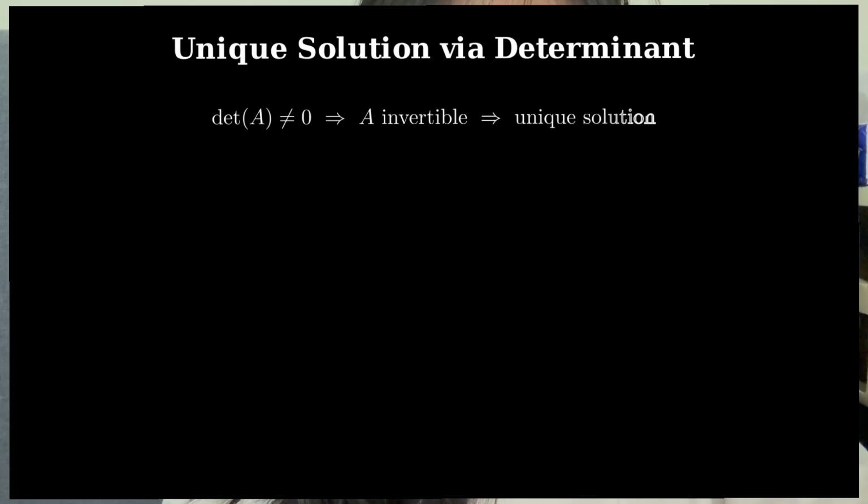Before solving, we can use linear algebra to check whether the solution is unique. For a square system AX equals B, the solution is unique if A is invertible. A matrix is invertible if its determinant is not zero. For the fractional matrix, determinant A equals 109 over 864, which is not zero.